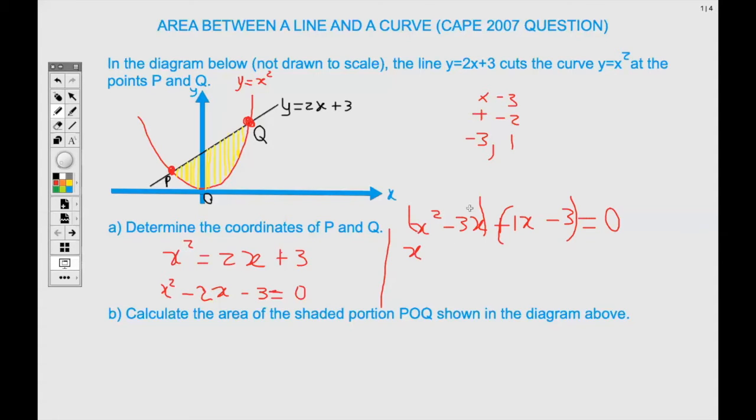Now, remember when you're factoring out, or you can review my factorization of quadratics. So you factor out an x, so you're left with just x. Then you factor out another x, so we're just left with minus 3. Within the second bracket, when we don't have anything to factor out, you factor out the 1.